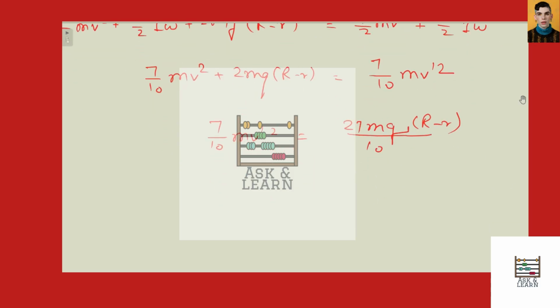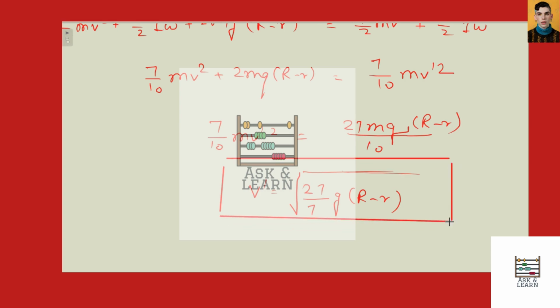From here we get the value of v dash, that is under root of 27 by 7 g into R minus small r. So this is the velocity of the sphere at which it is thrown, and this is our answer for this given question. Thank you.